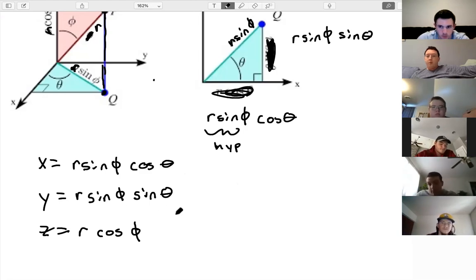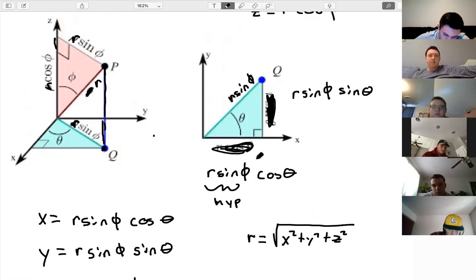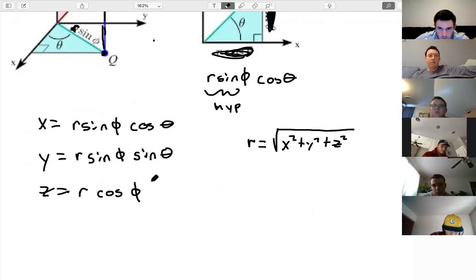If you wanted to go back and forth between them, I'll just write this in. For example, r equals the 3D version of the Pythagorean theorem: the square root of x squared plus y squared plus z squared. There's not always one way to do this.